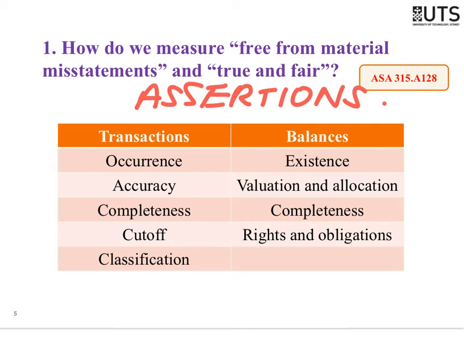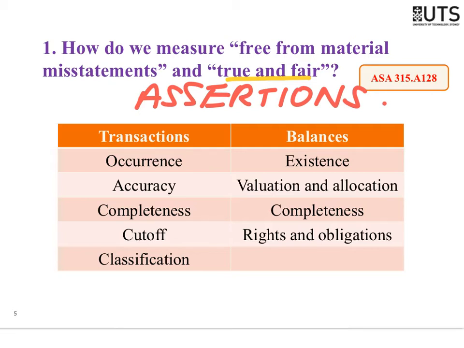They are the elements that we use to determine whether the financial report is indeed true and fair. Critical. Absolutely critical to us doing the audit. So it is incredibly important for you to know these assertions, be able to identify which assertions are at risk, and link your procedure to the assertion you're trying to test.